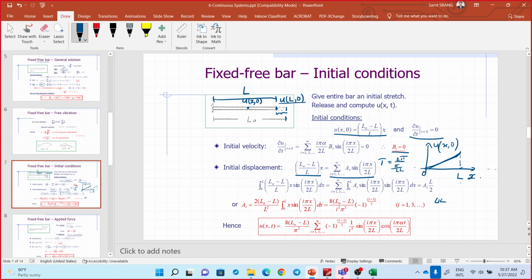Okay, so imagine that it has period 4L, so this function reappears at 4L like this. Let me draw another plot.